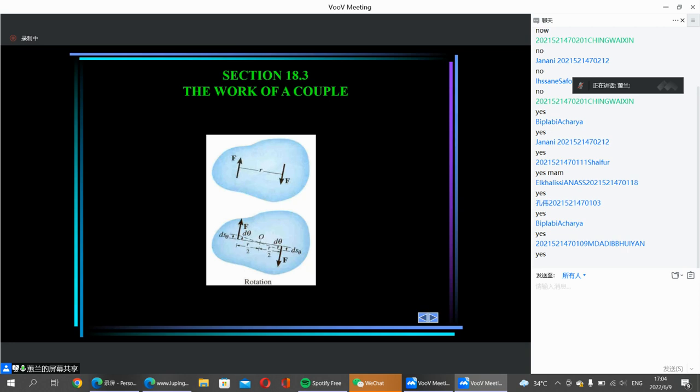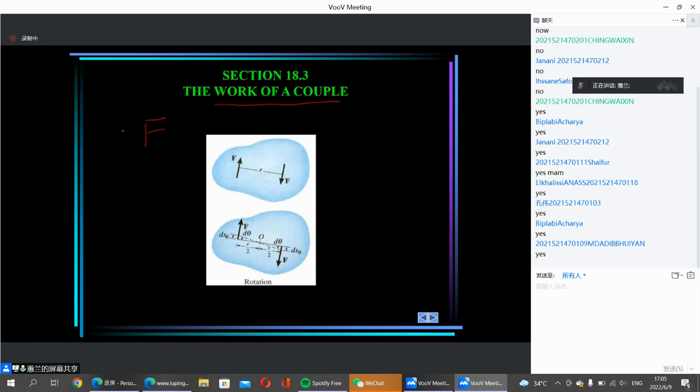So just like for a particle, how do we calculate the work of a couple? For a particle, we know the work of a couple should be equal to what? Can you tell me the work of a couple? Even though I haven't shown it, you should know this.